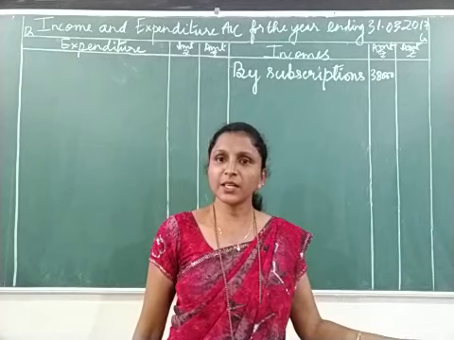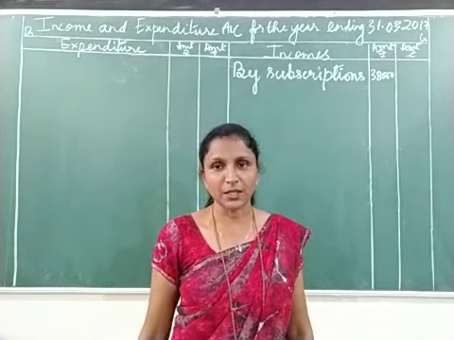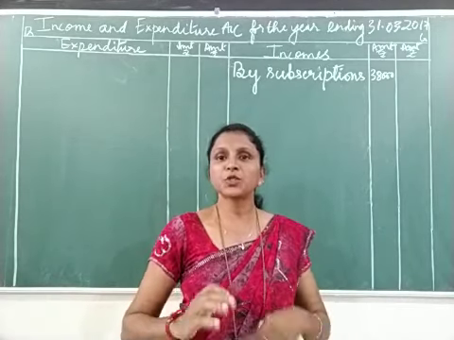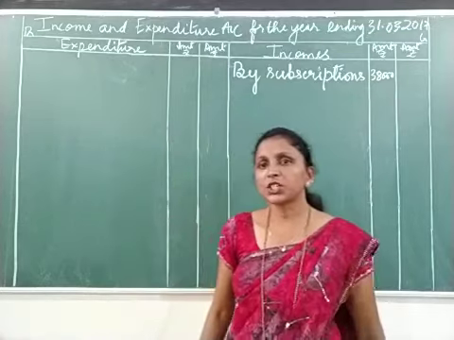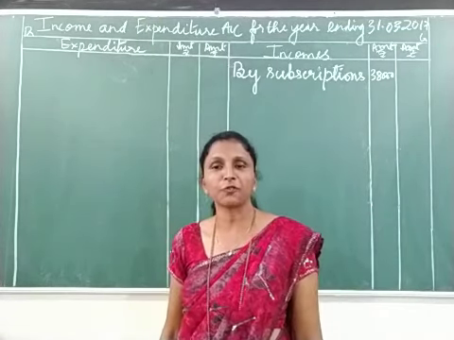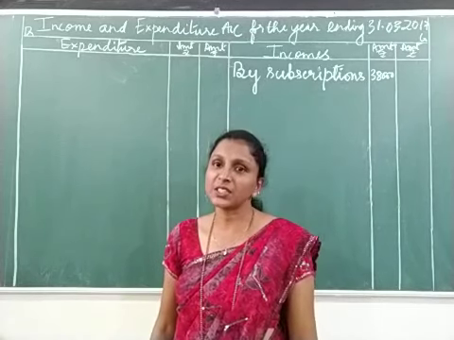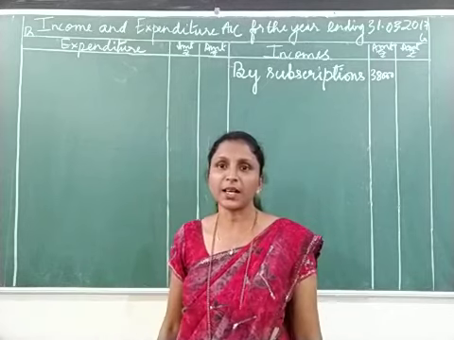If there are previous year items, minus it. If there are next year items, minus it. If there are current year items, you add it. So the outstanding subscription of 1,200 in the opening balance sheet is related to the previous year.